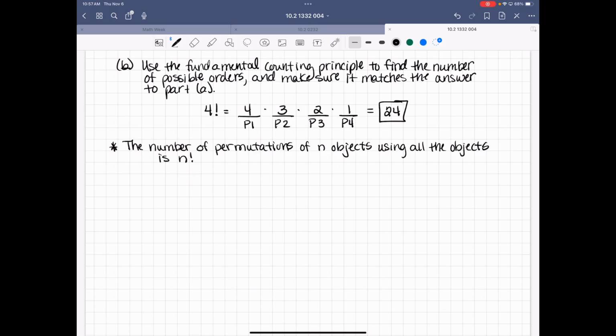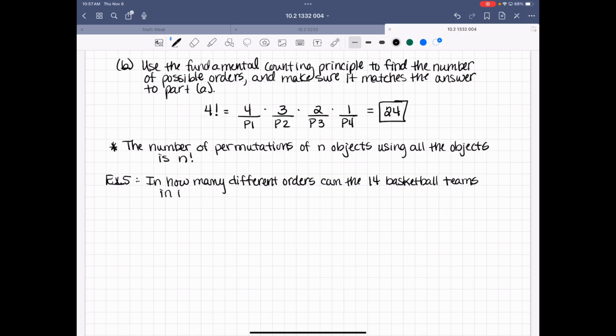Okay, example 5. In how many different orders can the 14 basketball teams in the Big Ten conference finish?